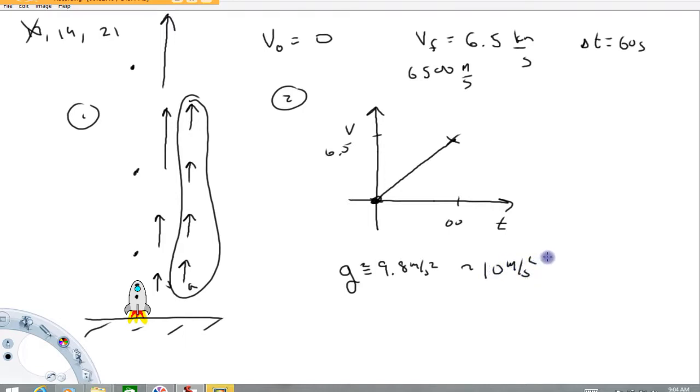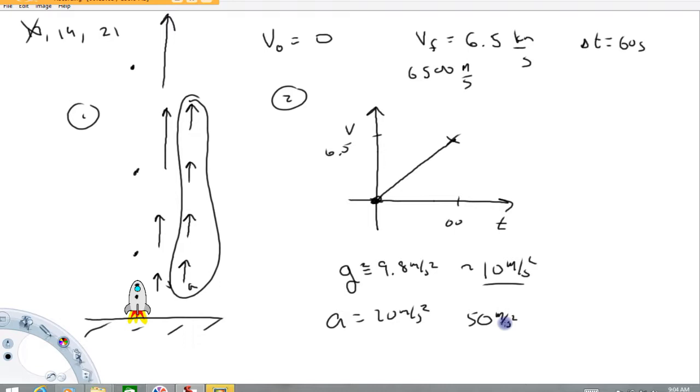So any acceleration that's around 10 is called a 1g acceleration. An acceleration of 20 meter per second squared, you see how that's double, would be referred to as a 2g acceleration. A 50 meter per second squared acceleration is about a 5g acceleration, and so forth.